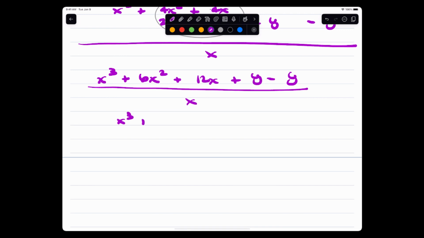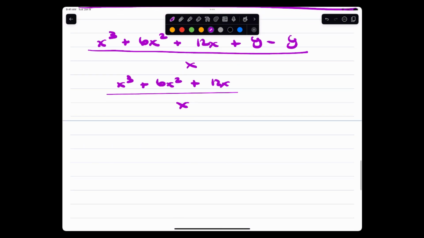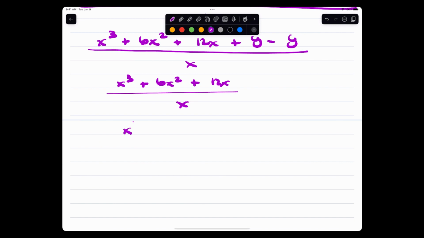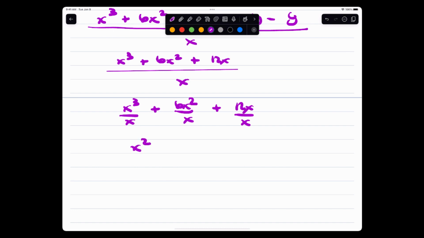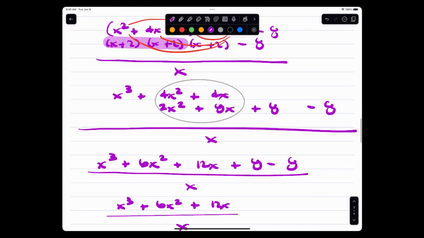Doesn't that give me x cubed plus 6x squared plus 12x over x? Yep. And then I do some more algebra. It's kind of beginning algebra, by the way. You end up with x squared plus 6x plus 12. Whew. All right, look at all the algebra.